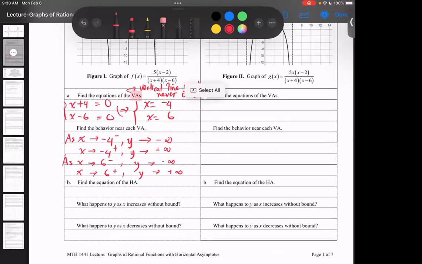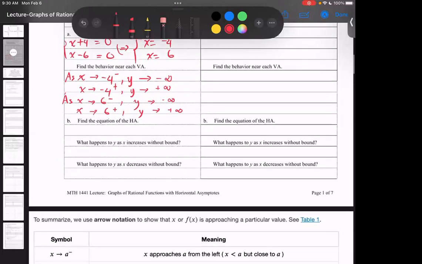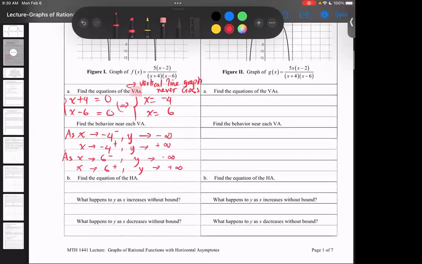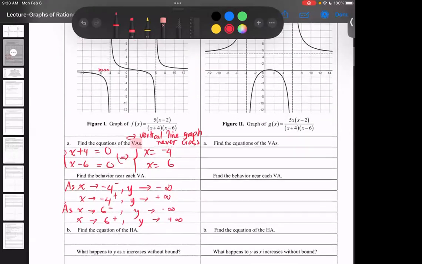What about horizontal asymptotes? Let's talk about horizontal asymptotes. Let's talk about what happened to y as x increases without bound. When I say without bound, meaning it goes to infinity. Right? Let's take a look at the left, the function all the way to the left, when x approaches negative infinity. What happened to y? When the input goes to negative infinity, what happened to the function?